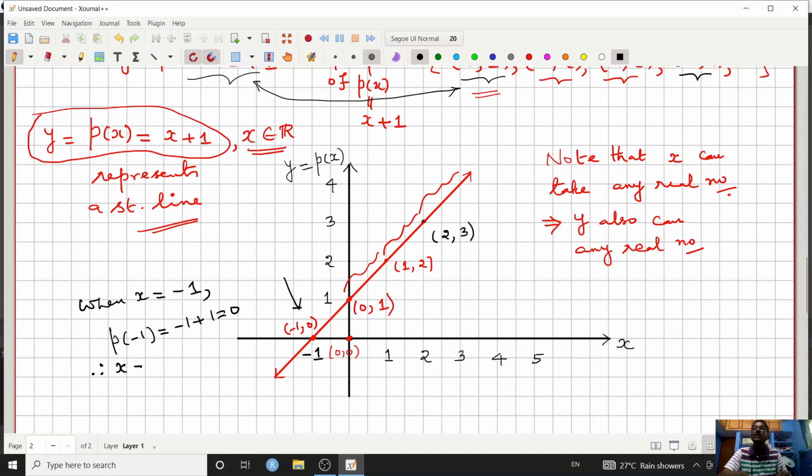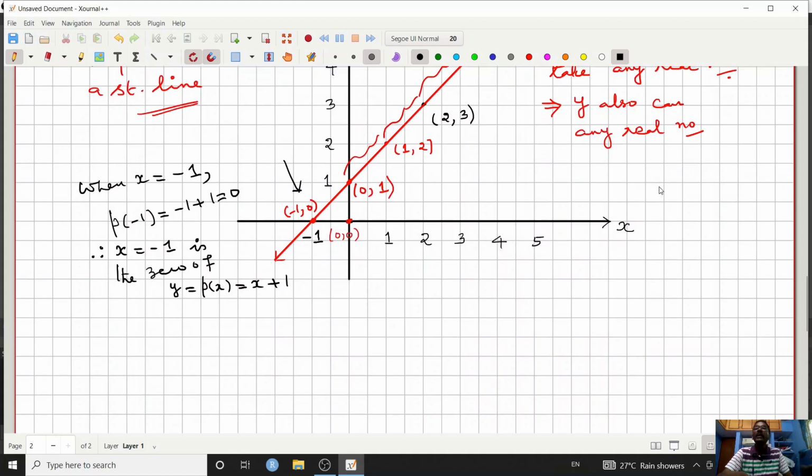Therefore, x is equal to minus 1 is the 0 of this polynomial, namely p of x is equal to x plus 1. If you want, you can write this as y. When x is equal to minus 1, the corresponding value of y is 0. So that is the address.